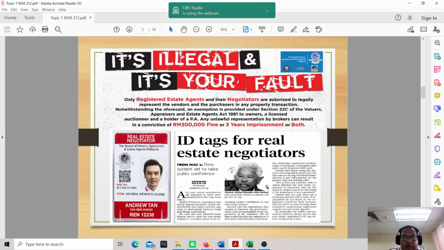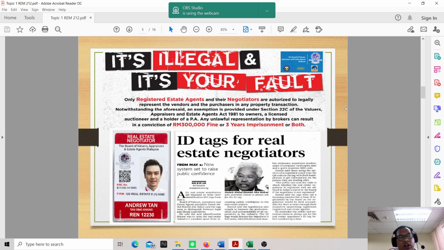Alright, so for the REN tag, if you can see from the newspaper cutting, if you are not registered as a registered negotiator, it means you are doing something illegally, you are just brokering. Even if, let's say, at your kampung, your uncle appoints you to sell his house, but you are not a registered negotiator or registered estate agent, and you carry out the work of agency, then it is illegal.